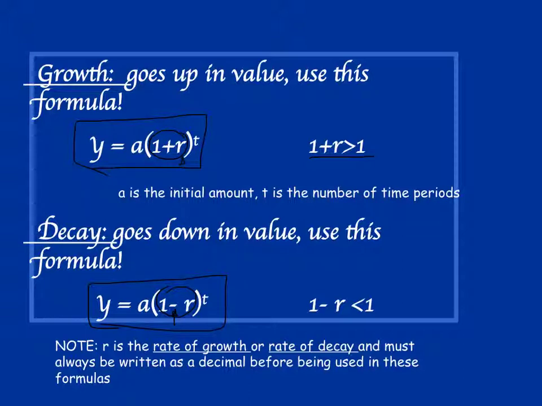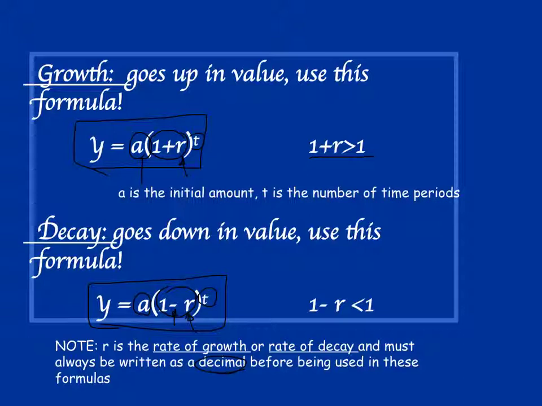Usually this r value is given to you. That should always be a decimal. A is always the initial amount, and this t is always going to be the number of time periods that have passed in the problem.